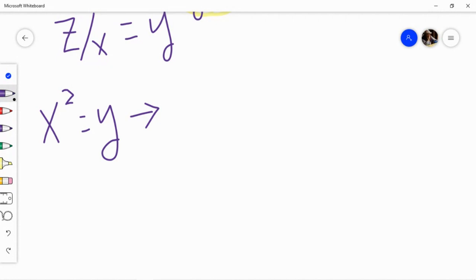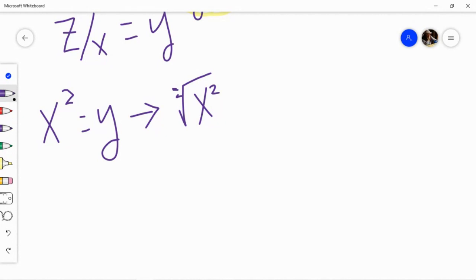This is called a power function, y equals x squared. If you take the square root of x squared, you get x.